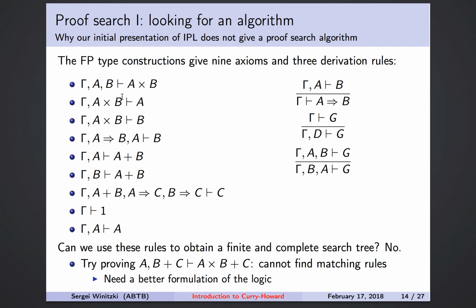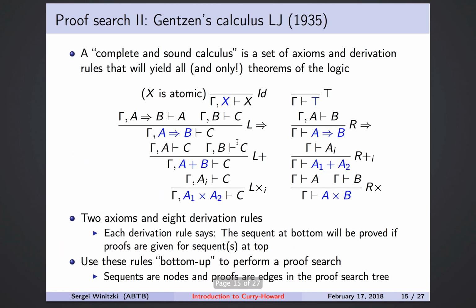But unfortunately, we see that the rules here do not give us an algorithm for deciding this. We need a better formulation of the logic. Again, mathematicians need to save us from this situation, and they have done so. Mathematicians have studied this logic for a long time, starting from the early 20th century.